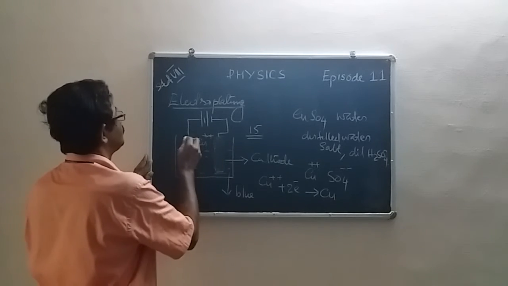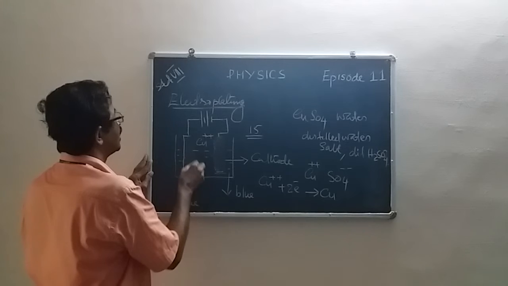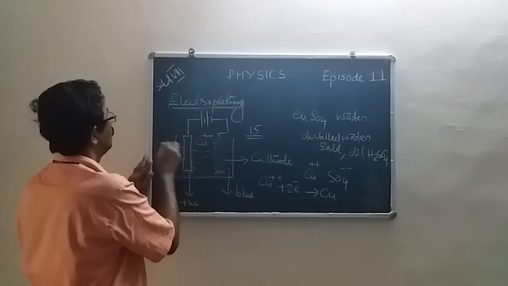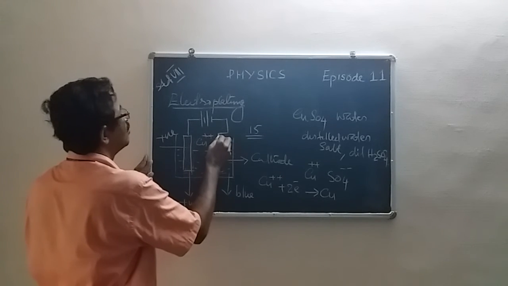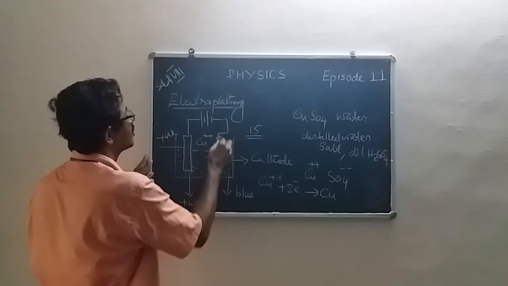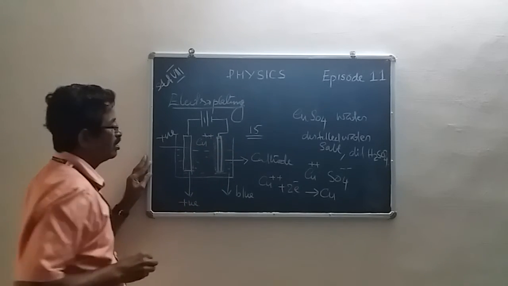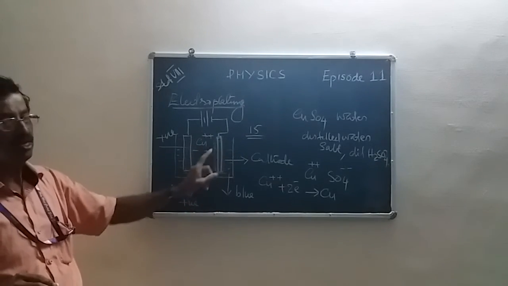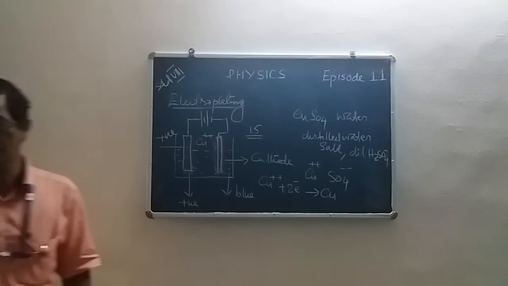The copper plate is taken as positive and the carbon rod is taken as negative. Then the copper is deposited over the carbon rod.